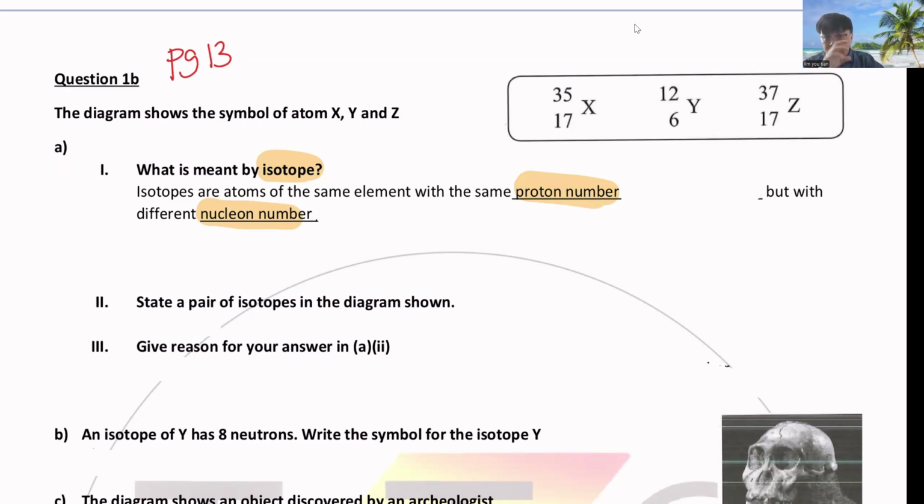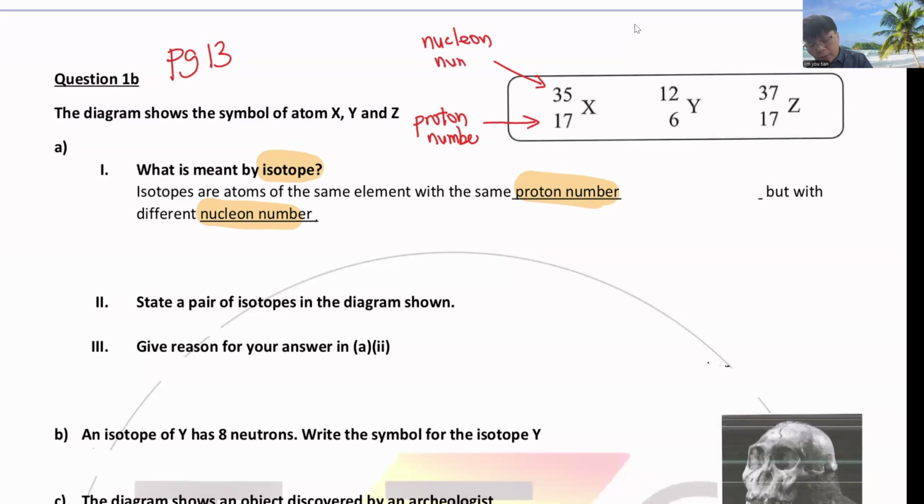Then they'll give you an example here. From this example, very simple, free 2 marks for you. They'll ask you which two is isotope. By looking at here, below is proton number, above is nucleon number. Can you tell me which one is isotope?